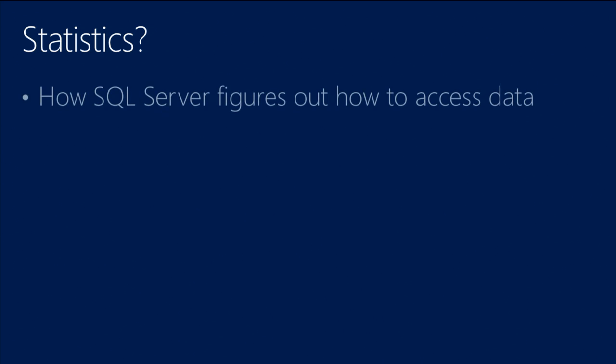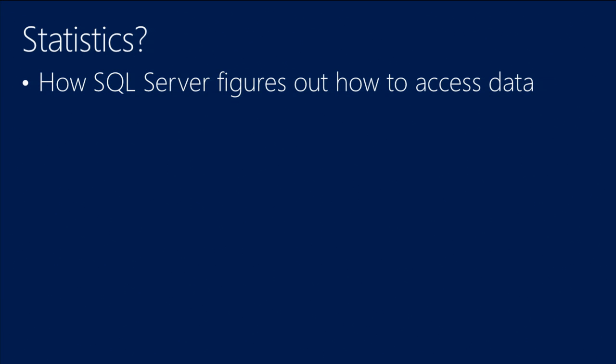So I mentioned statistics earlier. Statistics are how SQL Server figures out how to access the data you're looking for. So when you run a query in SQL Server, select star from employee where last name equals Cherry, SQL Server needs to figure out how to go get that data. It just doesn't magically know where this row is that it wants to go find.